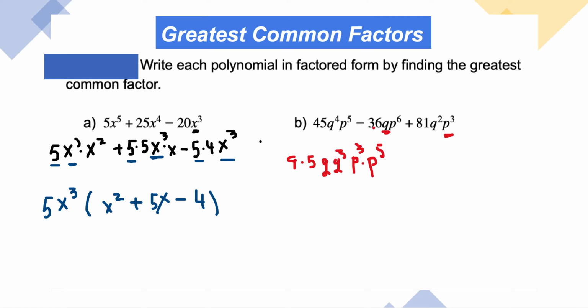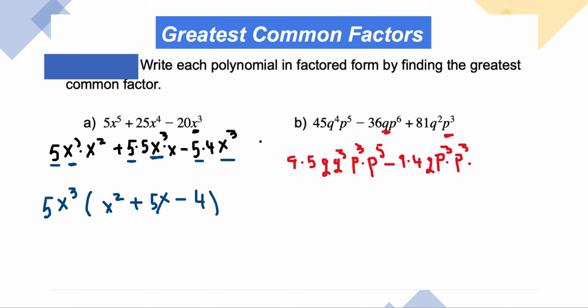Now I'm looking at minus 36. I can write it like 9 times 4. And now what I'm looking at is q is the lowest one, so I don't have to do anything else, just q. And p to the 6th, in terms of the smallest one, p cubed is the lowest degree from the terms. P cubed times p cubed is p to the 6th.